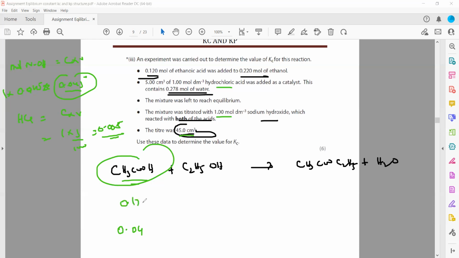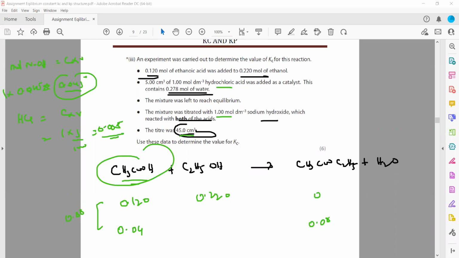Originally it was 0.120, and out of that this much is left. For ethanol it was 0.220. So how many reacted? 0.08 moles reacted. Using the 1:1 mole ratio, the ester, which started at 0, will be 0.08.